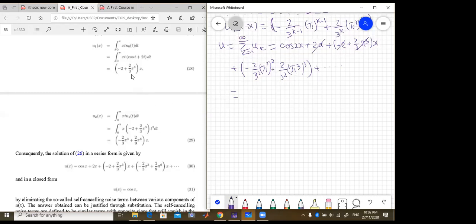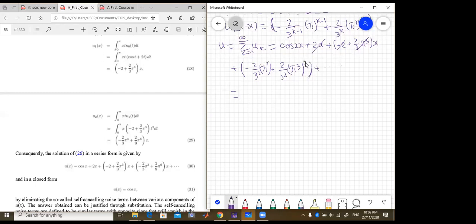So sorry, 2 over pi cube. This is pi cube. So minus 2 over 3 u2. That one is u1. U2 is, sorry, here I did wrong. U2 is pi cube. I don't have this. This is actually the next term. Sorry, I wrote wrongly.